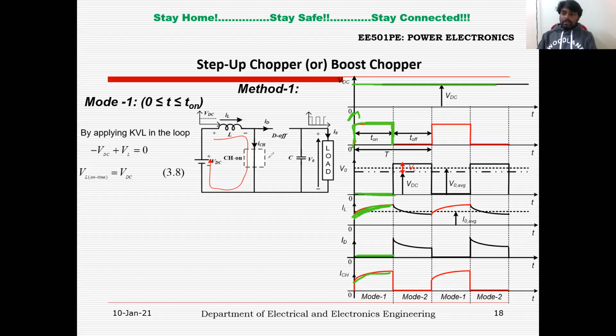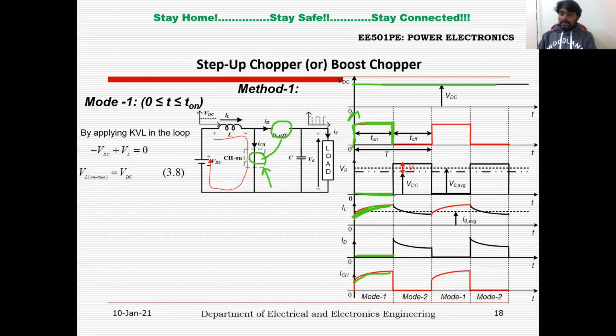Now again, one more thing we need to keep in mind is that this diode and the chopper, we consider them as ideal, which means there is no voltage drop across them. Why? Because for an ideal one, the internal impedance should be 0.